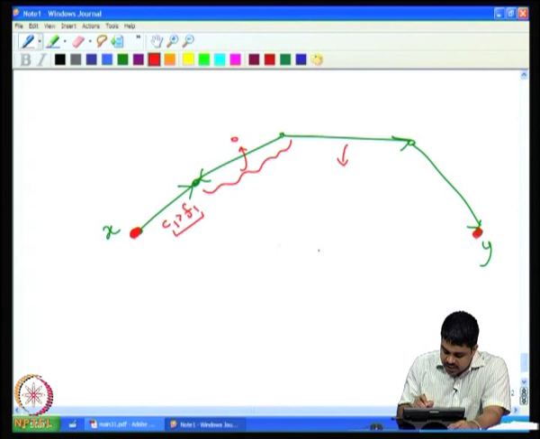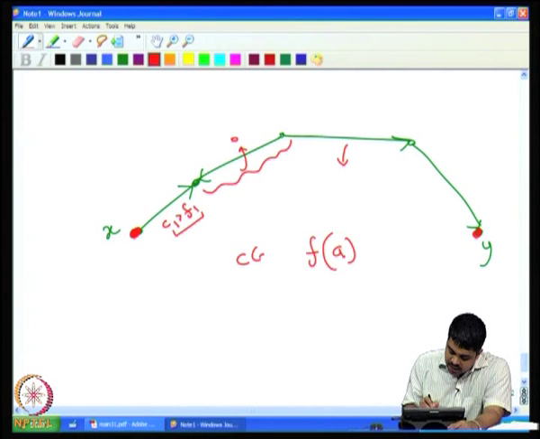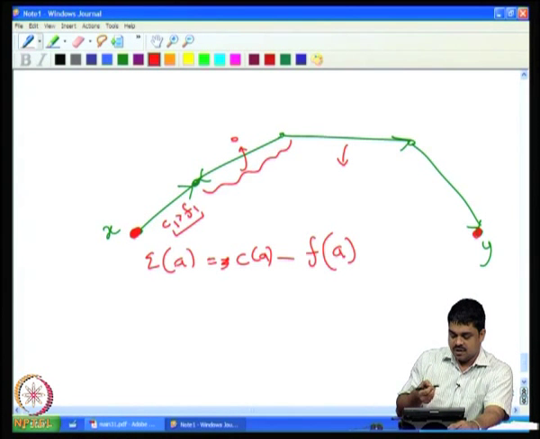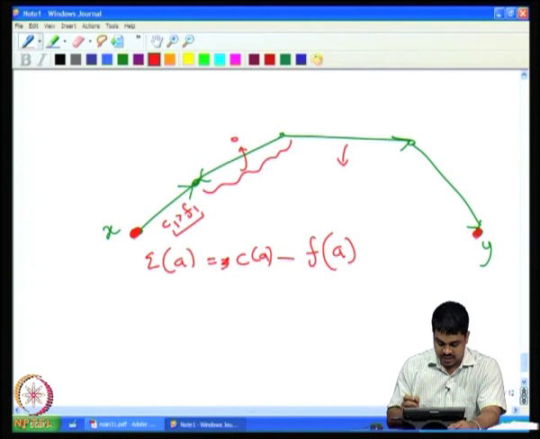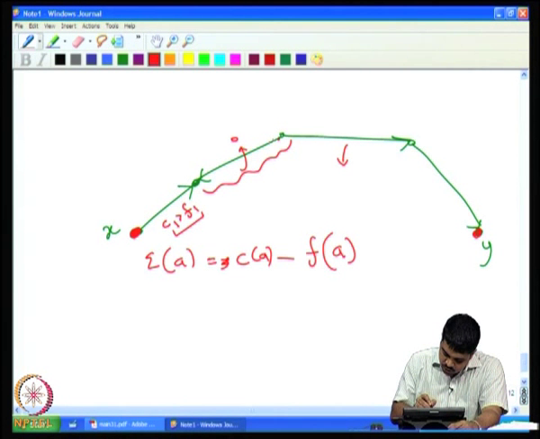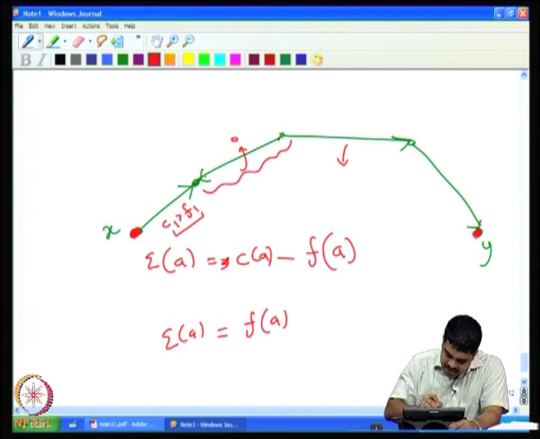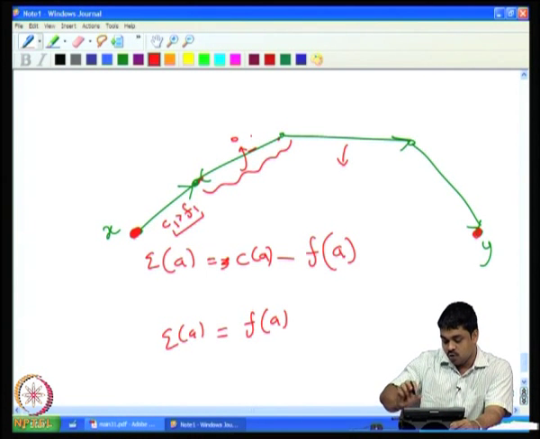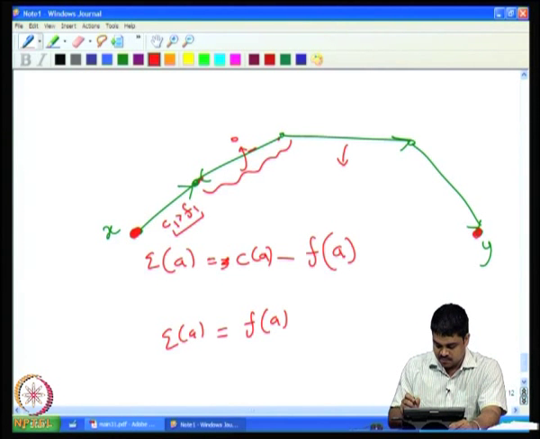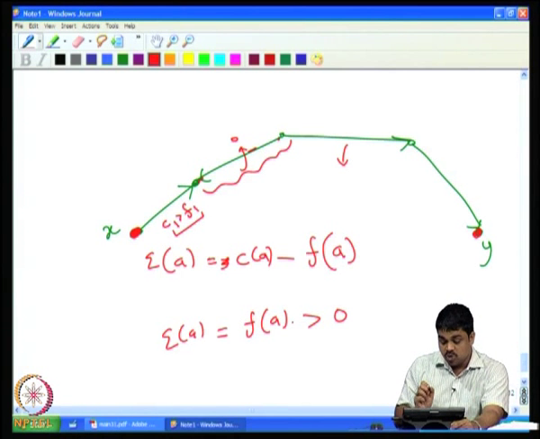This difference for a given edge A, that is C of A minus f of A, will be defined as the epsilon of that A: what is left on that edge, what more can be pushed through it. On the other hand, if it is a backward arc on this path, then we will take the value of the flow f of A itself as the epsilon of A, which essentially means that we can cancel that flow and go forward. Intuitively that is the meaning, and that is why we want this to be greater than 0. So, it should not be a 0 flow.